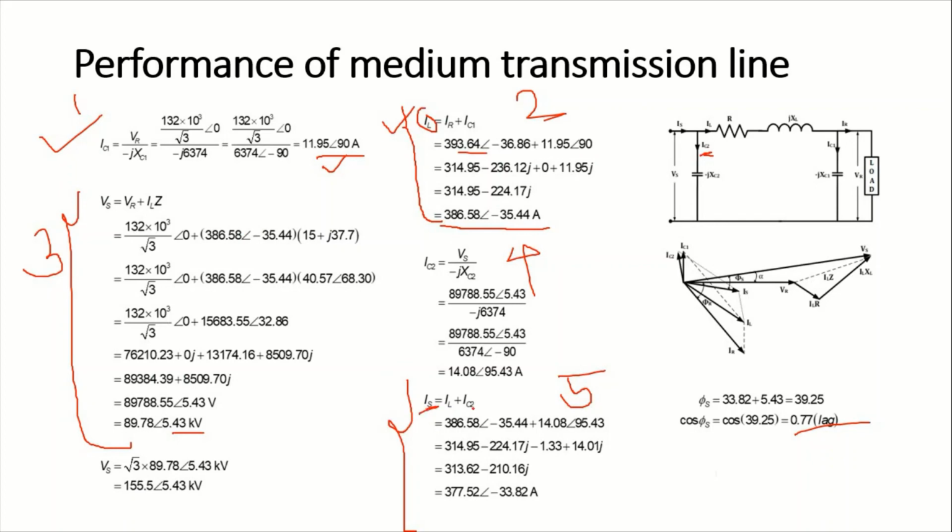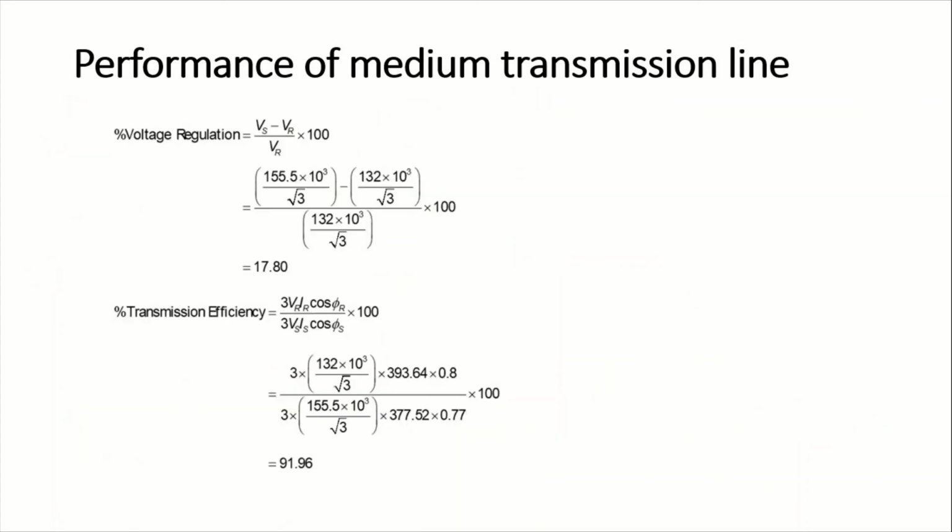So IS is equal to IL plus IC2, and the IC2 value is required. IC2 can be found using the equation IC2 is equal to VS by JXC2, and the VS value is from the previous equation. Clear?